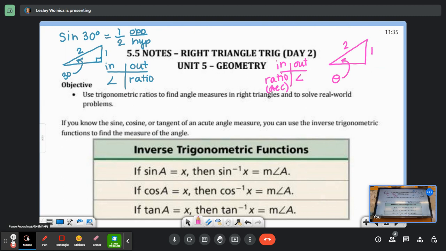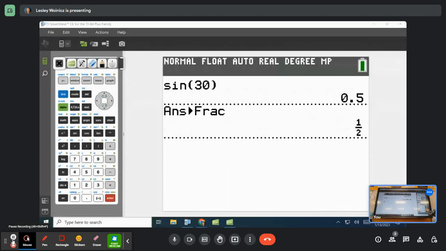Okay, so I want everybody on their calculator to try this. You see above the sine button, there's a little blue sine to the -1 power. That's the inverse sine button. So I have to hit the second button and then the sine button.